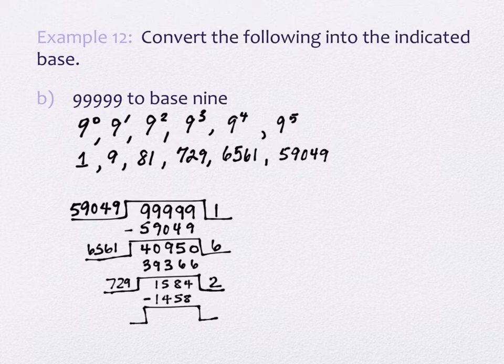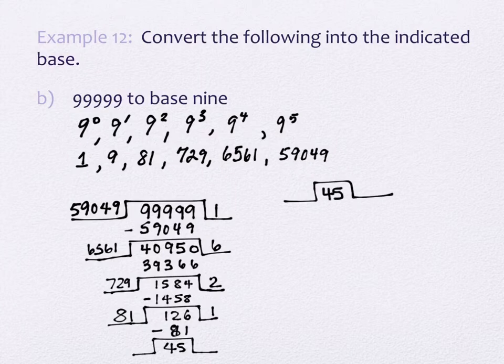And I get 126. And I'll divide by 81, which would go in once. Subtracting, I get 45. I'm kind of out of space, so I'm going to just come up here.